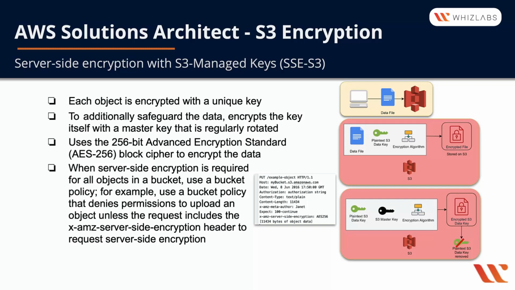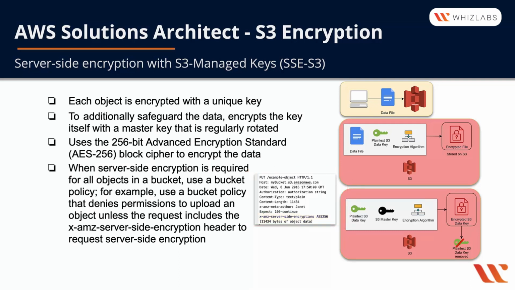This you will see on the exam, this x-amz-server-side-encryption header concept. I show an example here of the way the header looks. We have a PUT of an object to a bucket, and the content type is text. You see the content length, we see the author, and we see that in the header we have the x-amz-server-side-encryption: AES256.